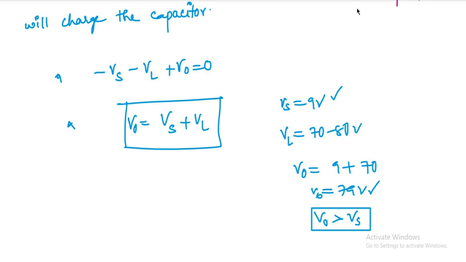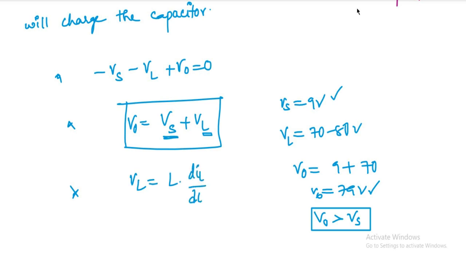The output voltage expression is V naught equal to the sum of source voltage plus inductor voltage. In addition to the source voltage, we are getting the inductor voltage at the output. I hope you understand. Now let us substitute the expression for VL. VL is L into dIL by dt.